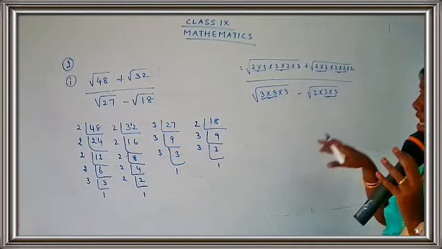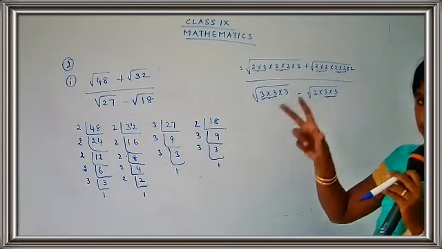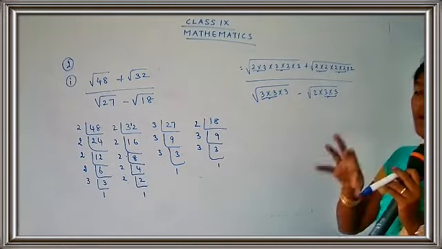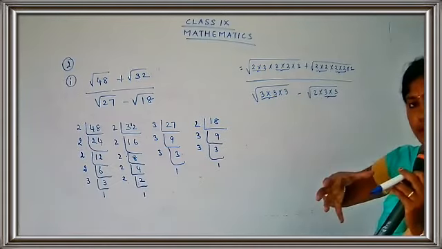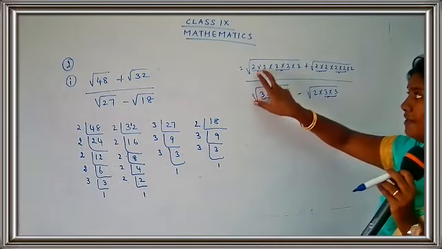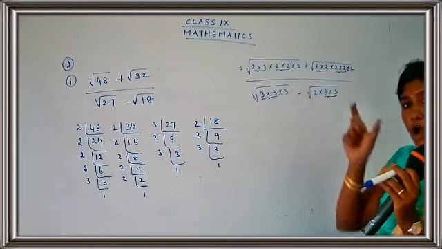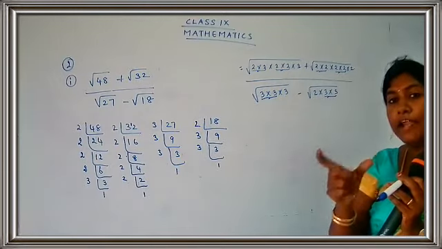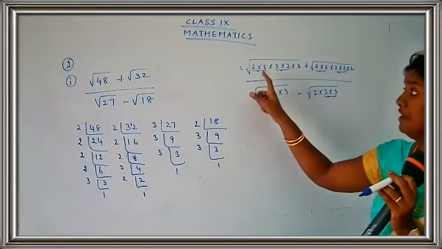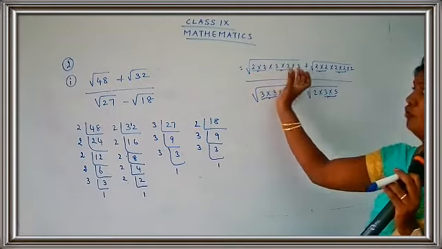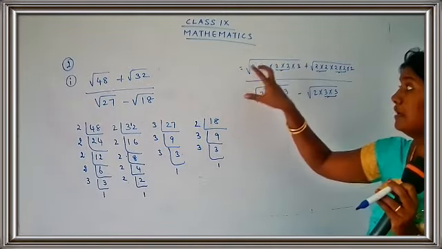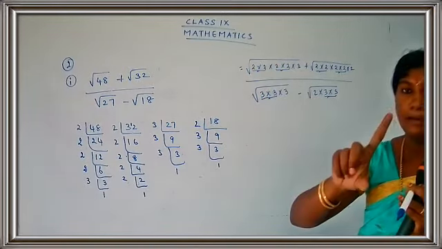Now what I am going to do is take the pair outside. So how to take a pair out of the square root sign? You have paired two numbers together. Okay, children? So when you take this pair out of the square root, from 2 into 2, one 2 will come out.